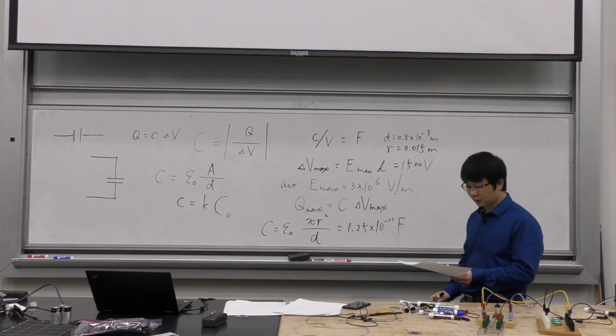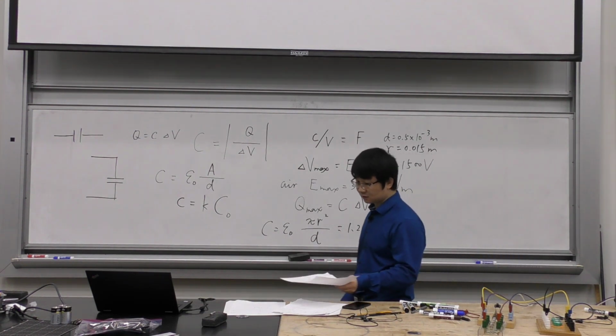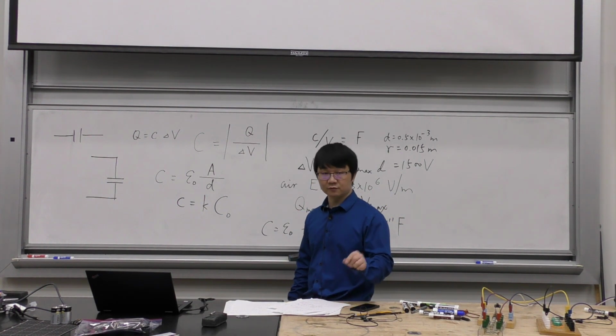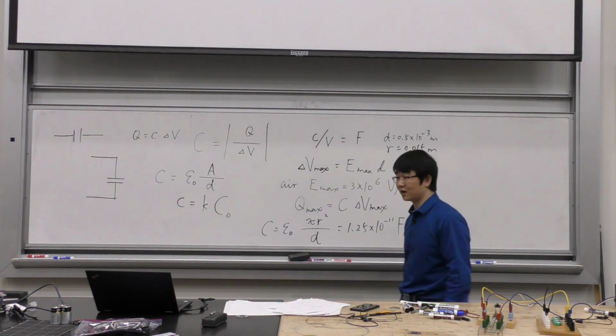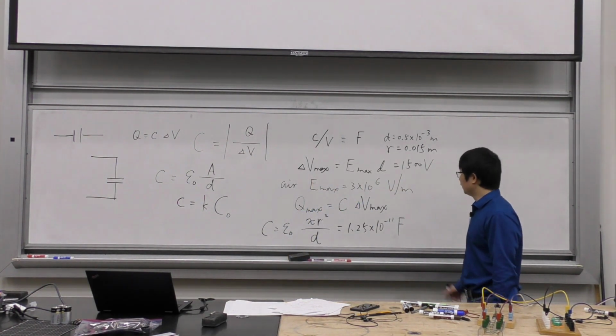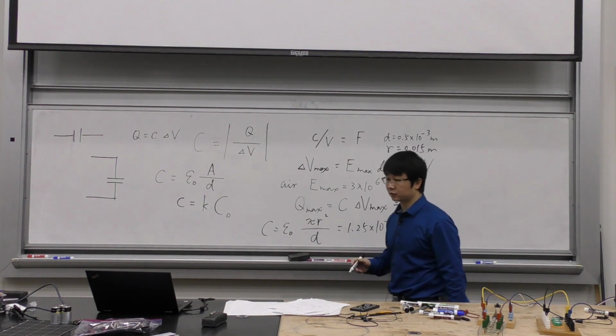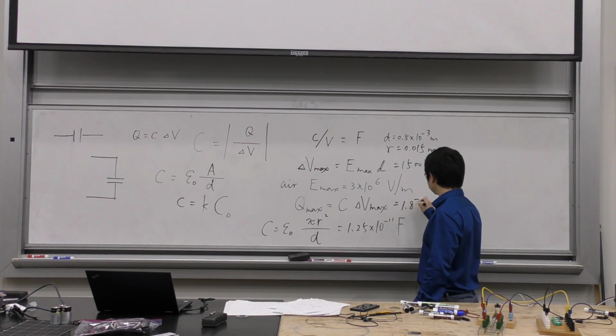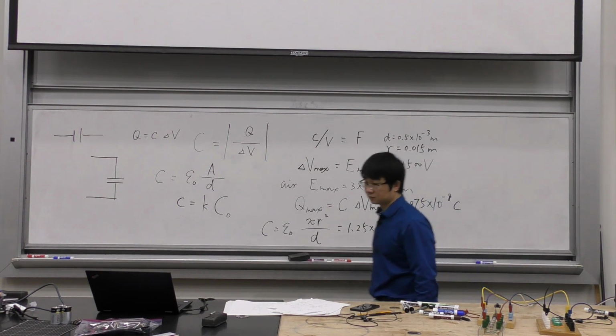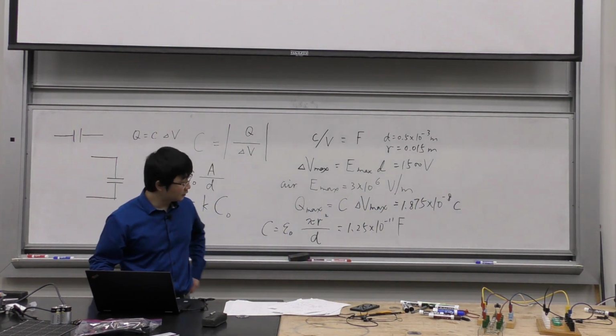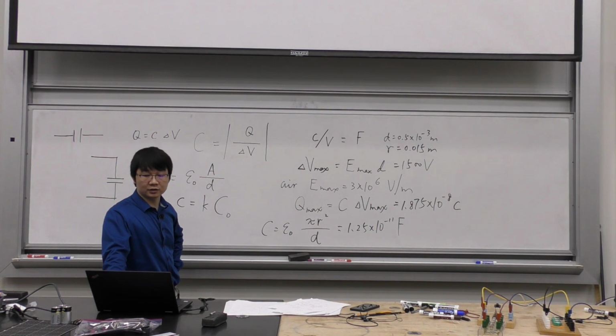So that's a typical number. As I said, the capacitance we have in everyday life is a very, very small number. You can't get like 1,000 farads or something. And then you multiply this by this, what do you get? You will get 1.875 times 10 to the -8 coulombs.